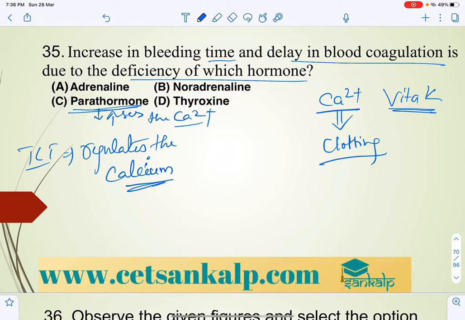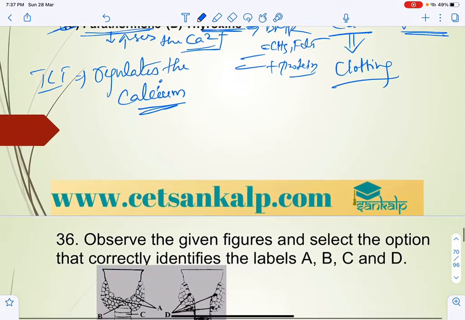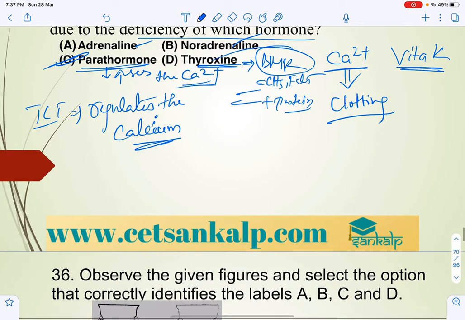So more calcium should be maintained. Deficiency of parathyroid hormone mainly affects bleeding. Adrenaline and noradrenaline play a major role in emergency. And thyroxine regulates metabolism of carbohydrates, maintains the basal metabolic rate, and aids digestion of carbohydrates, fats, and proteins, in turn increasing the basal metabolic rate.